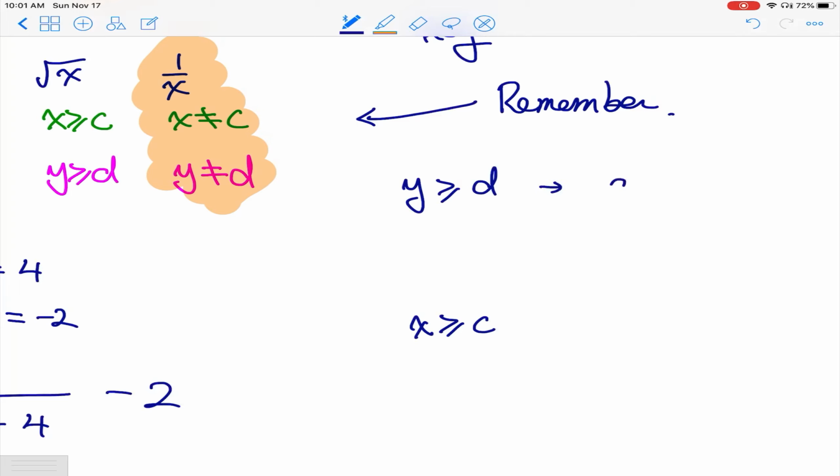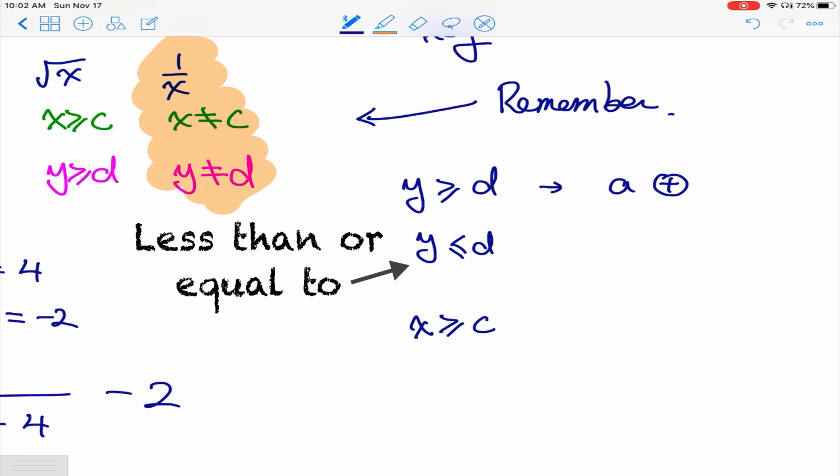This is when your a value is positive. The a value affects your y values, and if it is negative, then all of the y values will be affected by the negative sign, so their value becomes the complete opposite sign. That means y will then be less than the d value when a is negative. That's what happens.